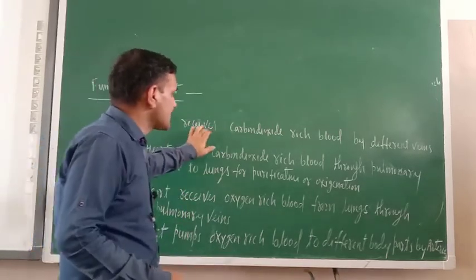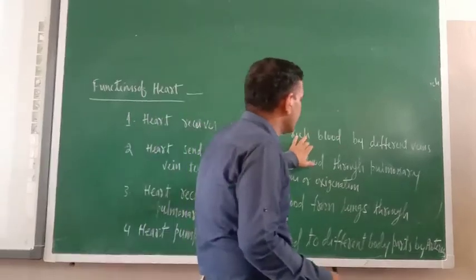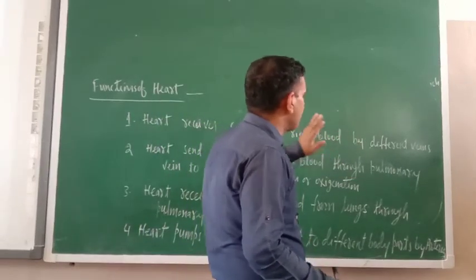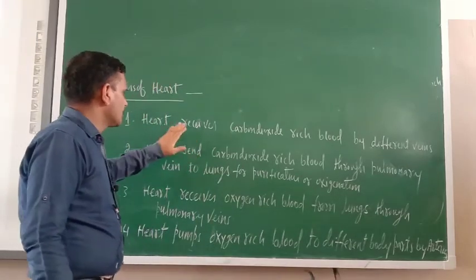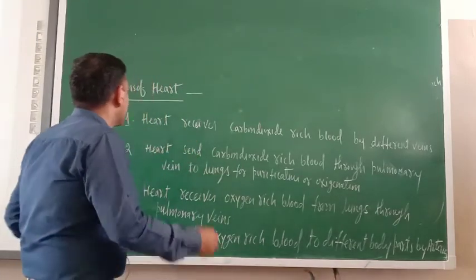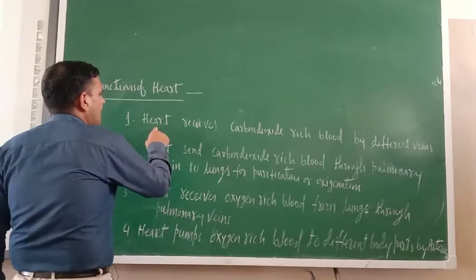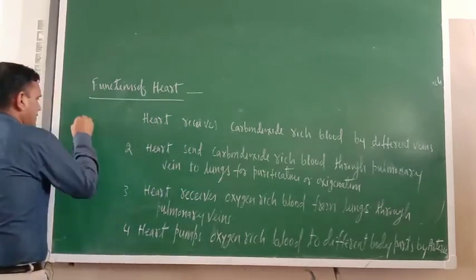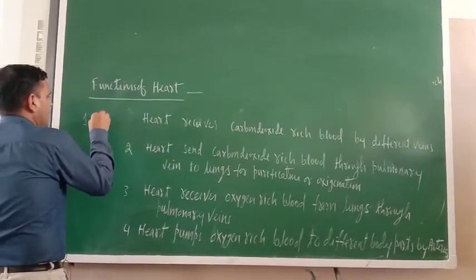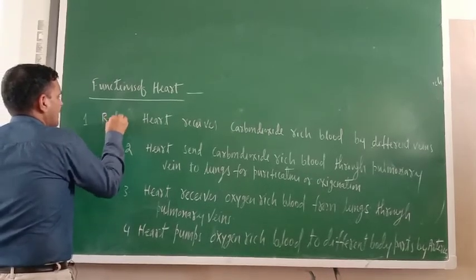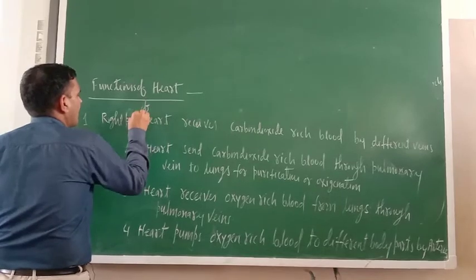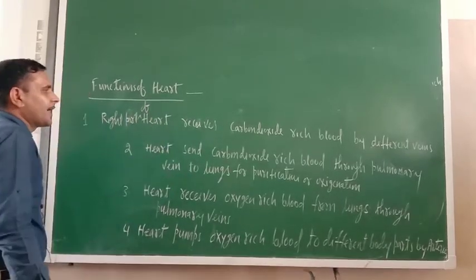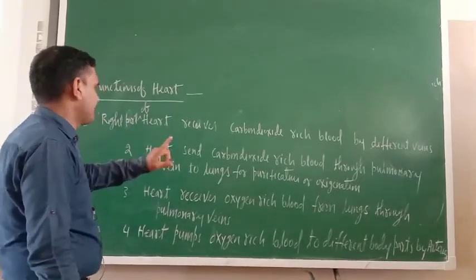So the heart receives carbon dioxide rich blood by different veins from different parts of the body. So you can write here: the right part of the heart receives carbon dioxide rich blood by different veins.